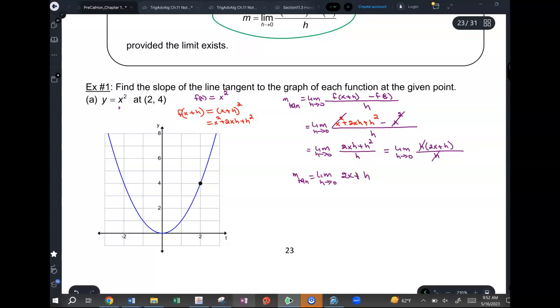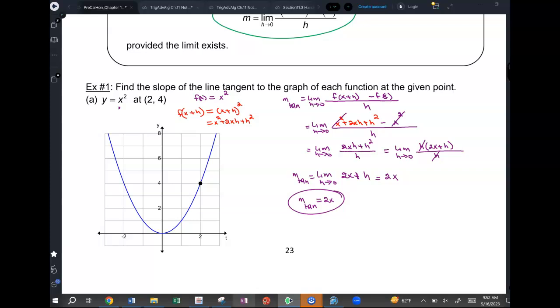Now, can we plug in h equals 0? Yep. You plug in h equals 0, and what do you get? 2x. So the slope of the tangent line is 2x. Could we have plugged in 0 before for h?